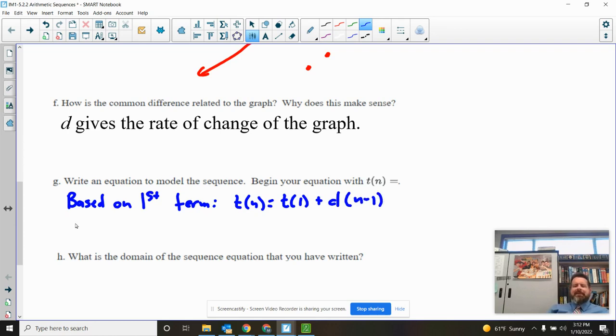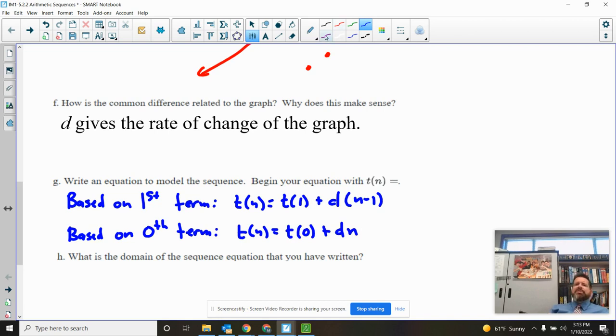Now there's a second version that's the same thing, but it's based on the 0th term. And it looks like this. You start here with T0, and then you just add on d times n.